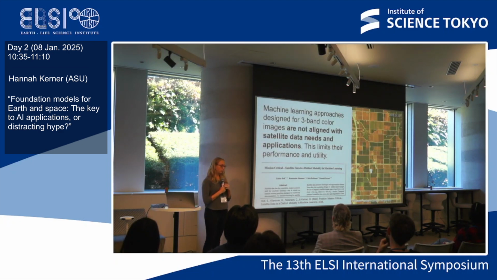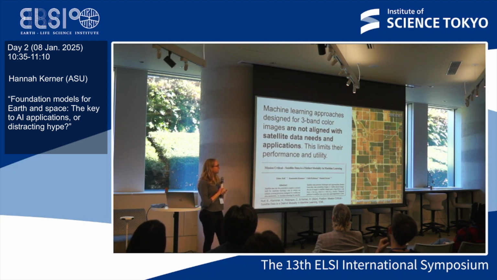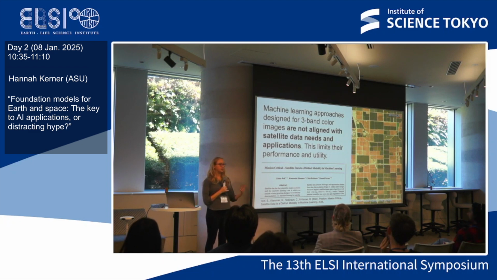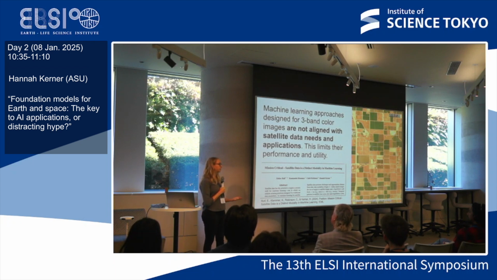And I claim that a lot of this is due to the fact that remote sensing data is completely different than the kinds of data that we typically use in machine learning. So, ChatGPT and DALL-E, the image variants, are all developed for natural language or for these kind of consumer images like those that we take on our phones. They're using data sets that have been created from Flickr and social media websites. These data are so different than what we have in remote sensing.